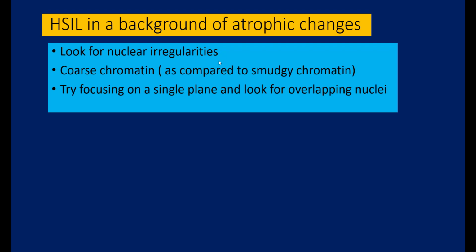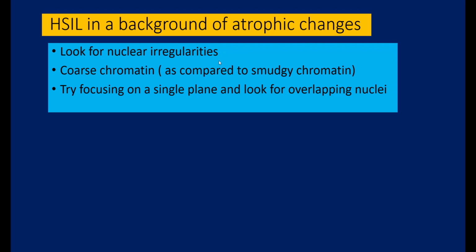And the third point is something which I cannot really demonstrate in a presentation like this. But if you focus on a single plane, and on that plane you find overlapping nuclei, that suggests that we are possibly dealing with HSIL.